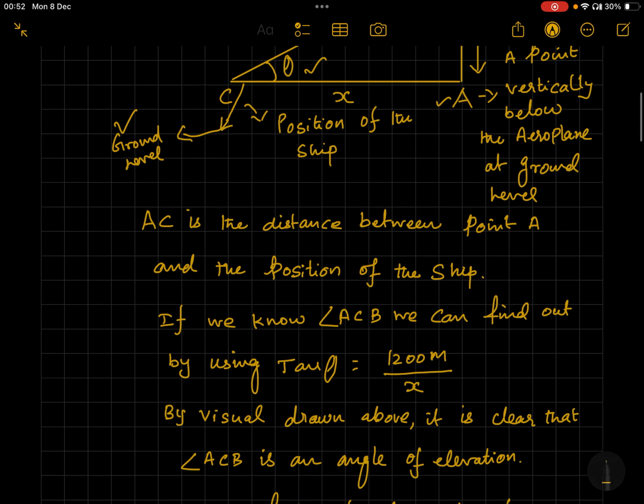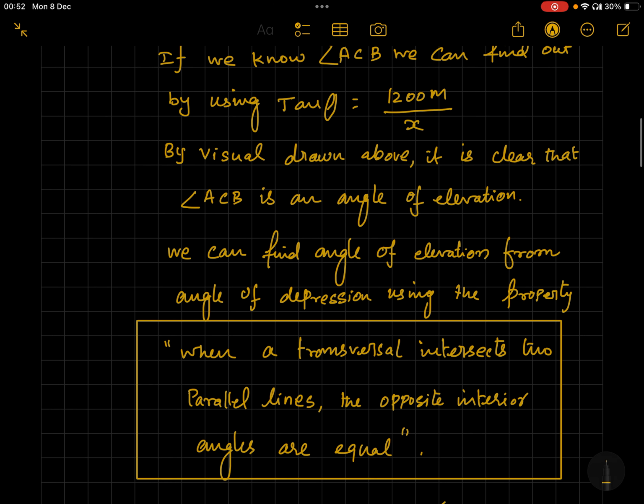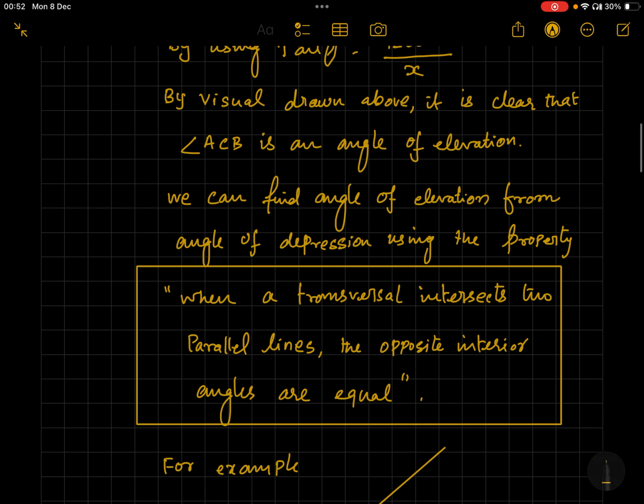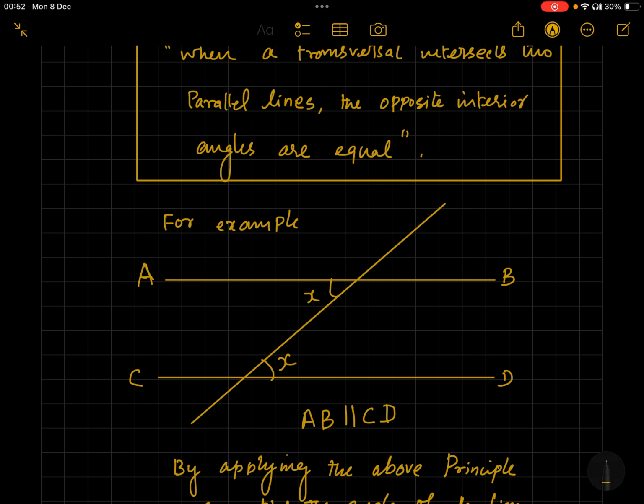How to derive it? We can find the angle of elevation from the angle of depression using the property that when a transversal intersects two parallel lines, the alternate interior angles are equal. We have drawn two parallel lines AB and CD, and for our understanding, let CD be the ground level line and AB be the horizontal line, and one transversal is drawn.